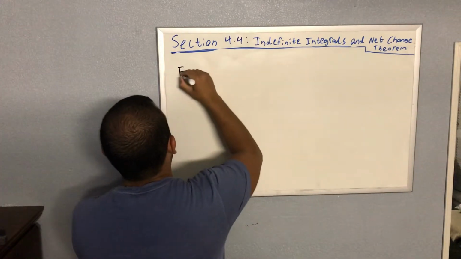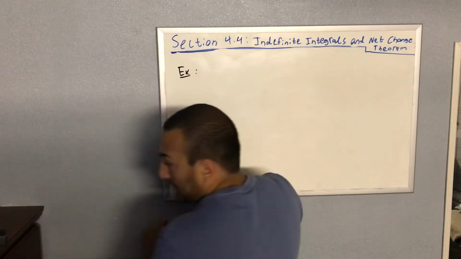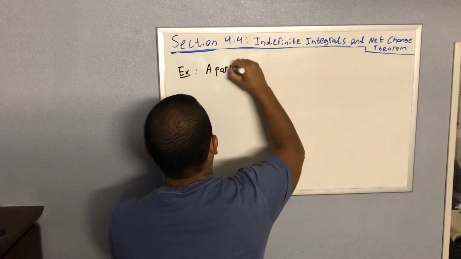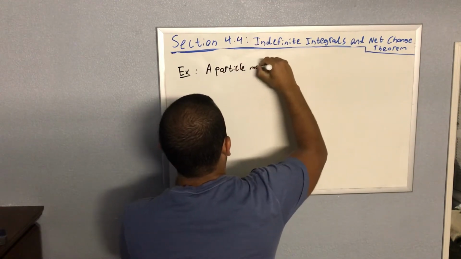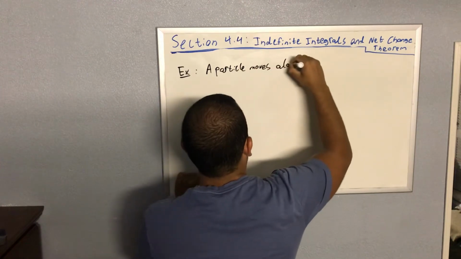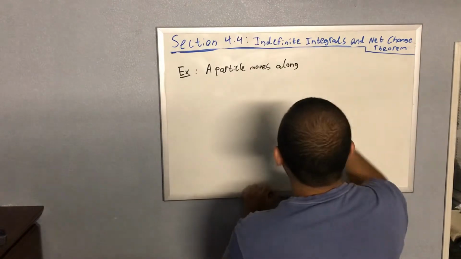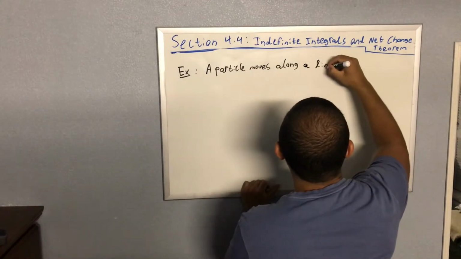So here's an example. Say we have a particle that moves along a line.